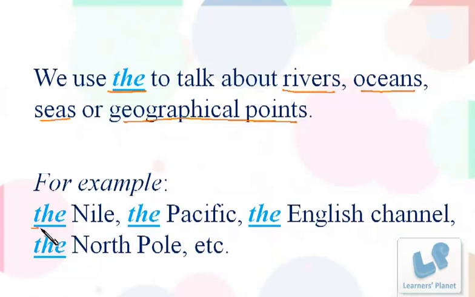The Nile. The Nile, it's a river, the Nile River. The Pacific Ocean, the English Channel, the North Pole, etc. There could be the Himalayas, the equator, and there are many more such examples. So remember that the is used along with geographical points.